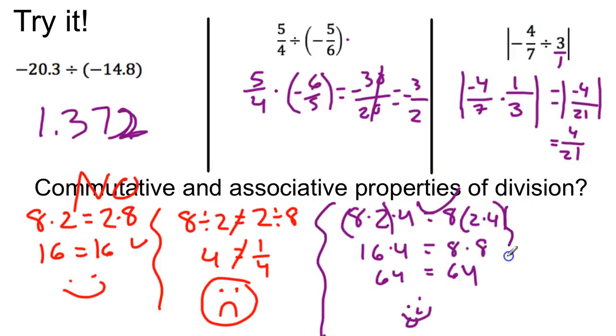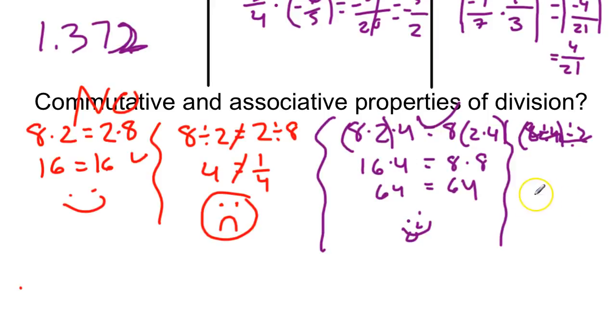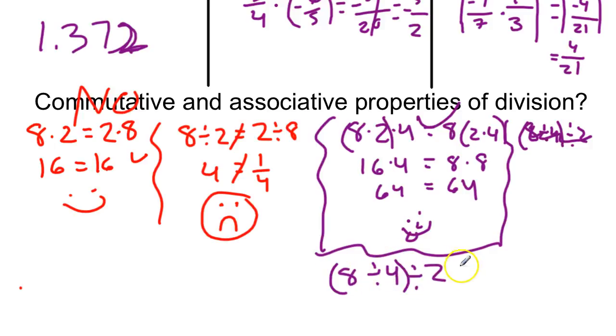But does that work for division? All right, so let me try it like this. I'm going to write 8 divided by 4 divided by 2. And you know what? I'm going to write this down a little bit lower, give myself some extra room. 8 divided by 4 divided by 2. All right, I'll group that. On this side, 8 divided by 4 divided by 2.